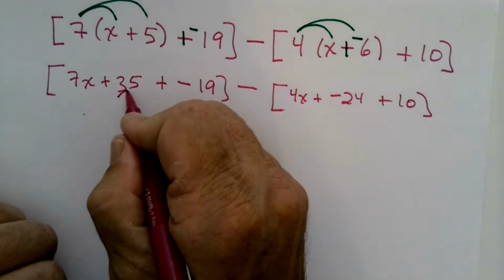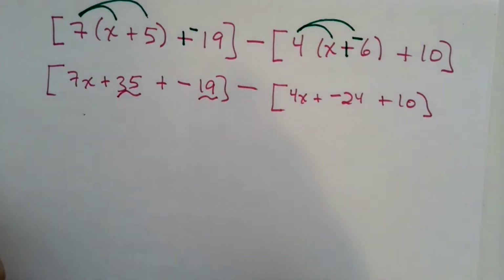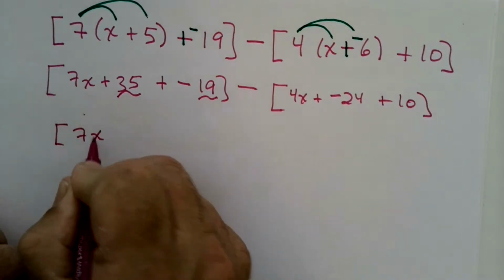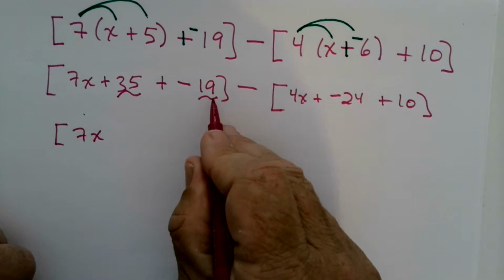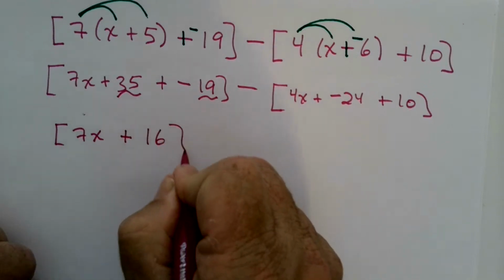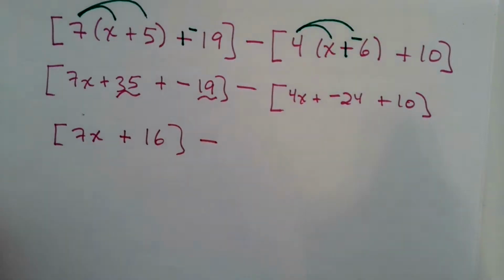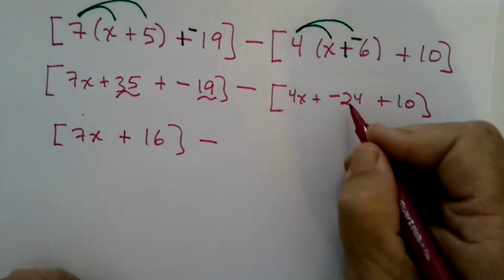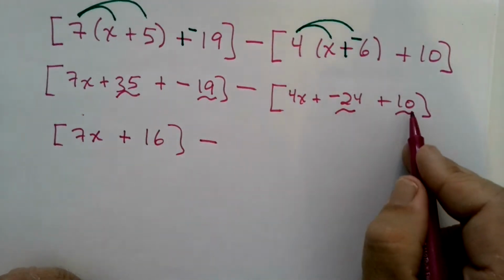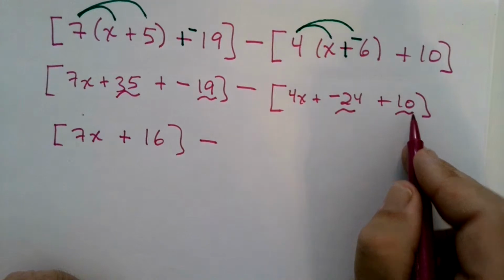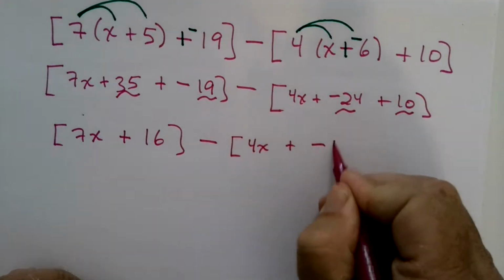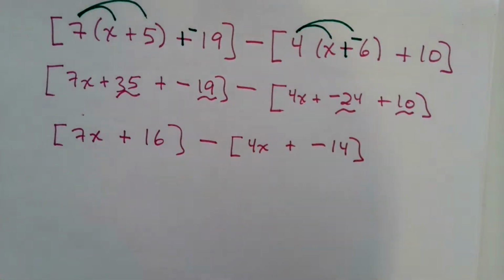We have numbers here: 35 plus negative 19. So this bracket becomes 7x, plus 16, since I have 35 and I owe 19. Over on this side, we have negative 24 and 10. I owe 24, I have 10, so I owe 14 more. That will give me 4x plus negative 14.